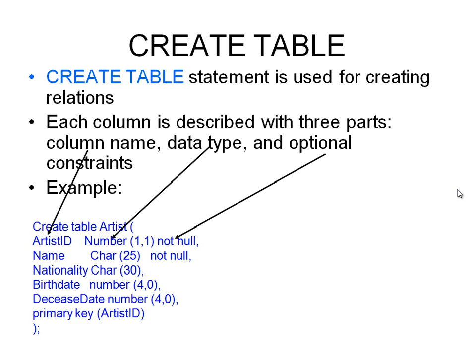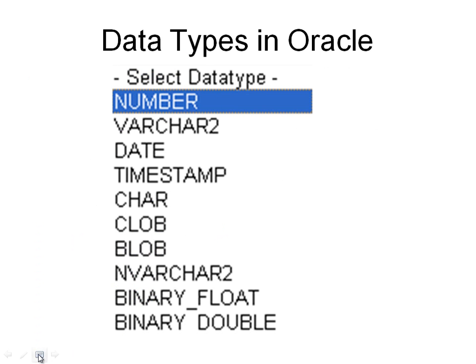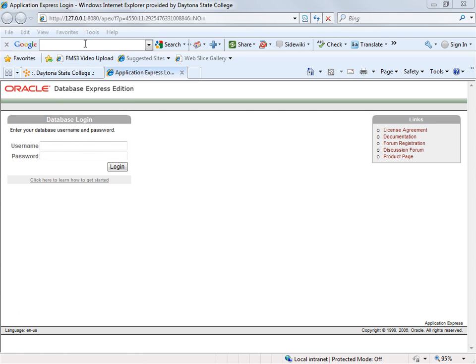To do that, I will start the software. I'll start Oracle, and you can do that by going to Start, All Programs, then Oracle Database 10G Express Edition, the one that you installed, and then go to Database homepage. Now remember that we did set up Internet Explorer to be able to access the website like this.